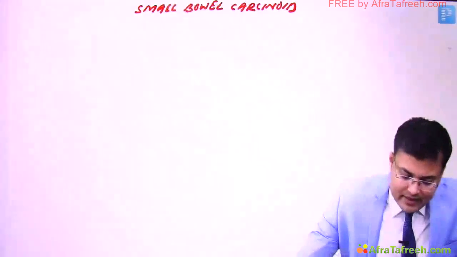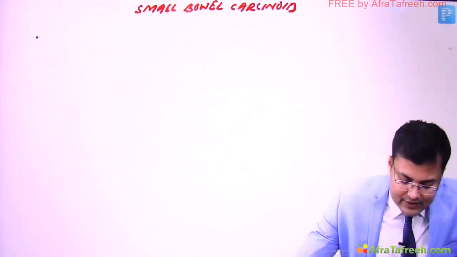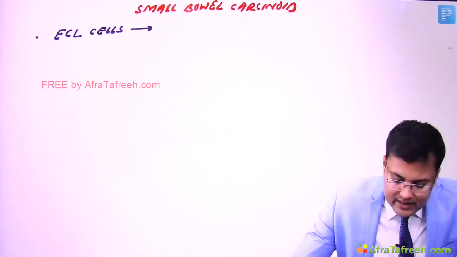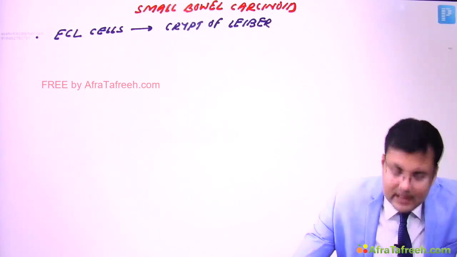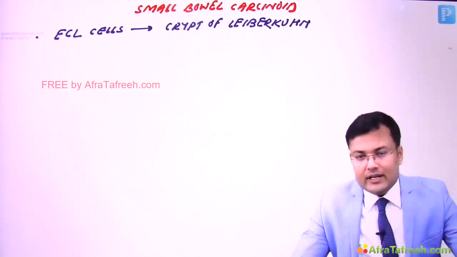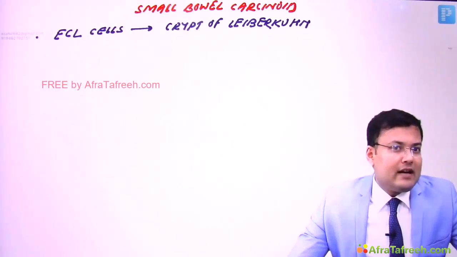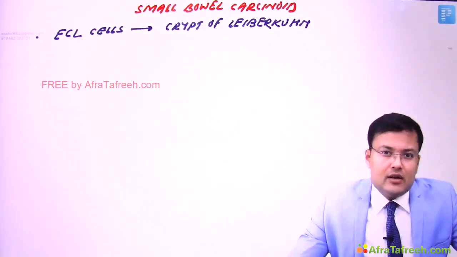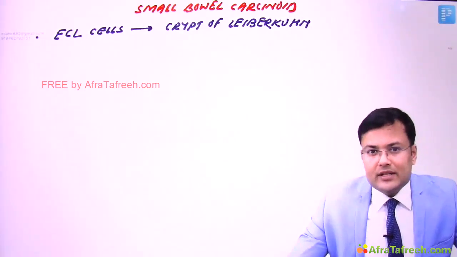So site: these tumors arise from enterochromaffin-like cells located in the crypts of Lieberkühn. We discussed that midgut carcinoids are argentaffin positive. So this is also argentaffin positive. It is going to produce 5-hydroxytryptamine, and midgut carcinoid, meaning small bowel carcinoid, is associated with carcinoid syndrome.